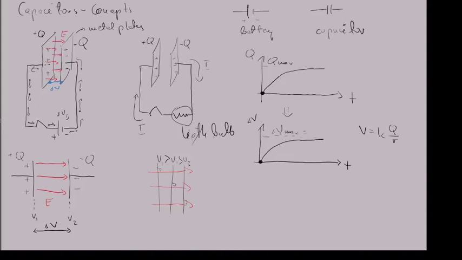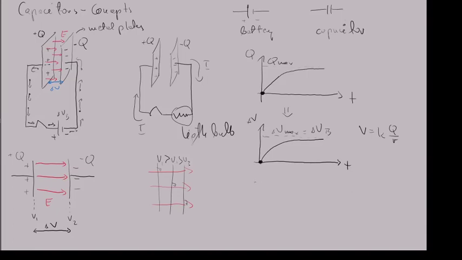The maximum voltage you could have across a capacitor is equal to the voltage of the battery. You cannot put more voltage into the capacitor than you have at the battery that charges it. So this is going to be the voltage of the battery.